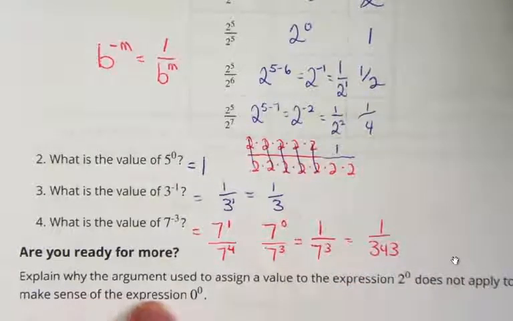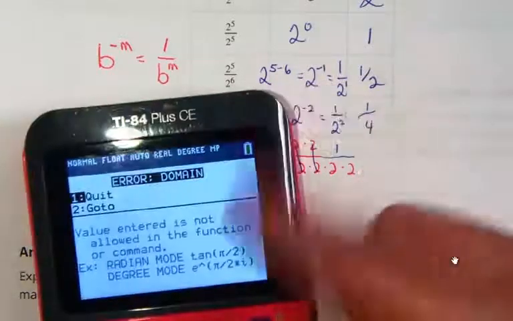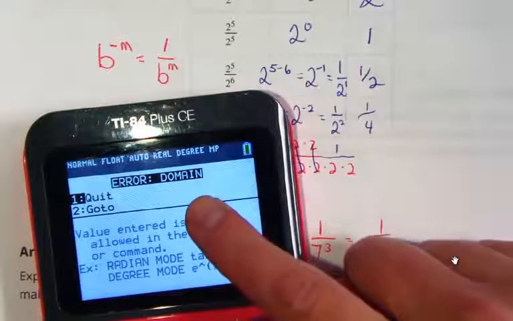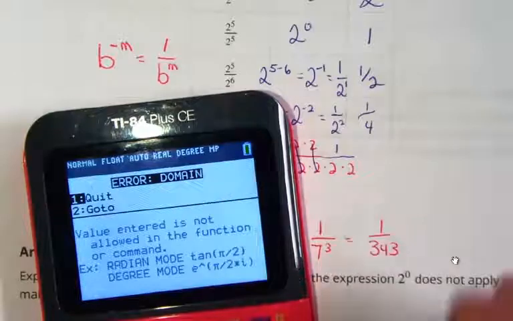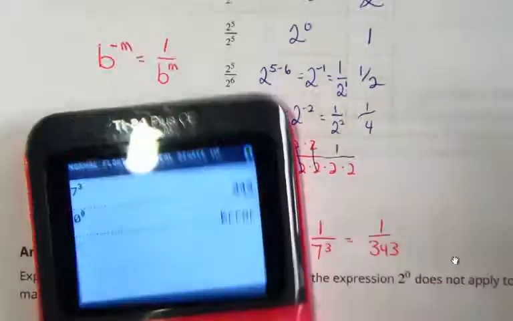Okay. Explain why the argument used to assign a value to the expression of 2 to the 0 doesn't apply when we have 0 to the 0. If we actually do that, if we have 0 raised to the 0 power, you're actually going to get a domain error, this thing that's saying you can't do that, right? So I typed in 0 to the 0 power and I got an error.